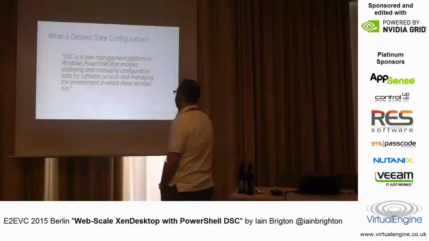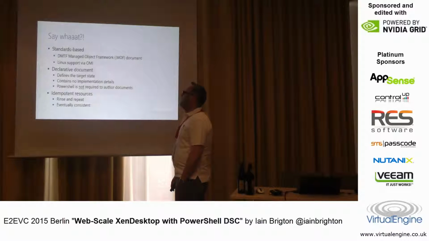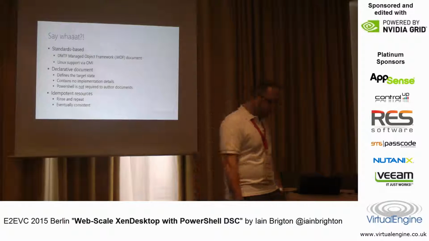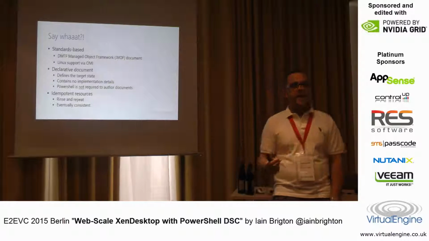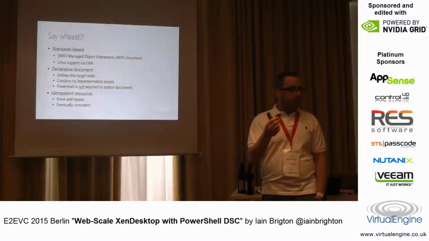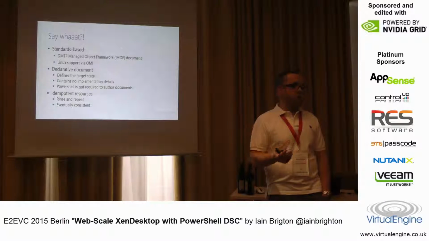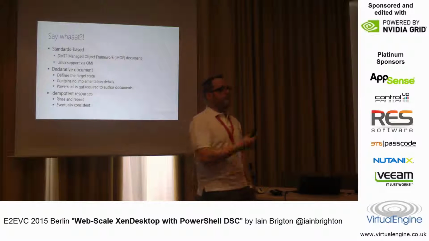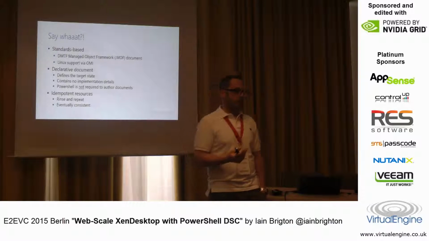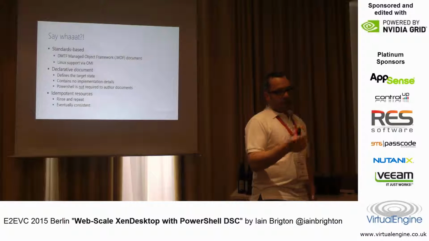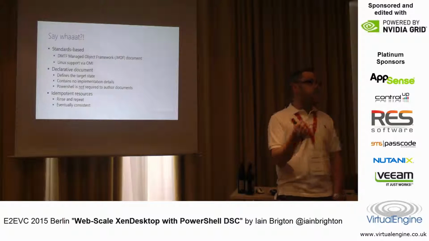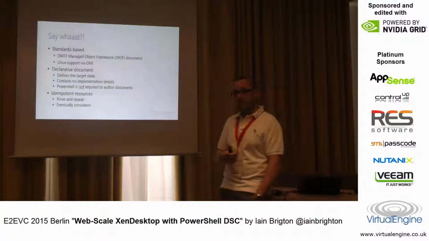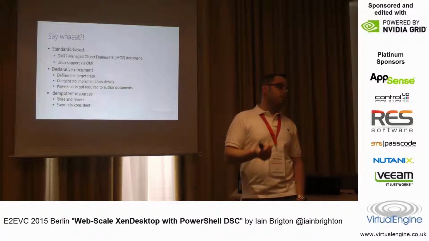What does that mean? So breaking it down, what is PowerShell Desired State Configuration? It is a standards-based configuration document that you can author with PowerShell. It can be authored by any system that can write text files. At the end of the day, PowerShell Desired State Configuration takes these MOF documents, which are ultimately just text documents. Where they come from, there's no consequence.